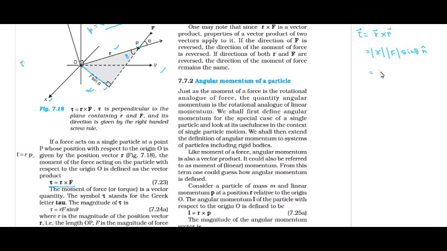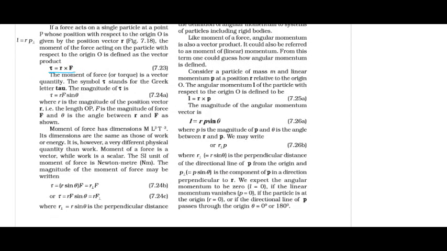So we can write it as rF sine theta, the magnitude of rF sine theta. Tau is equal to the magnitude, and direction is the unit vector direction n.